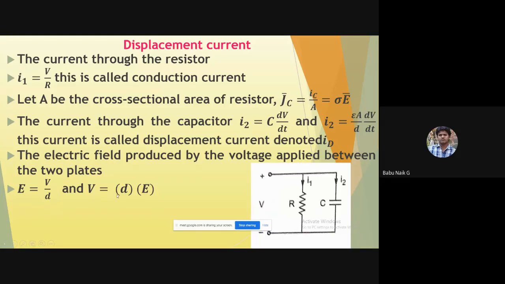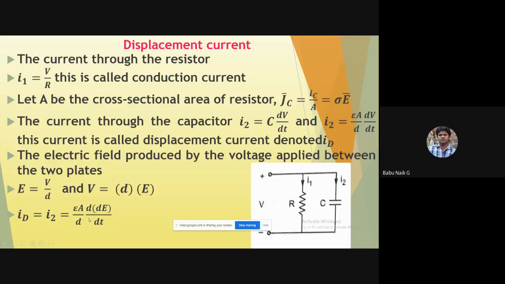From this equation we can write voltage equal to d times E. Now I2 is equal to Id, because we call this the displacement current. Now in epsilon A by d, you can substitute the voltage from this equation, that is distance and electric field, so it is d times dE/dt.